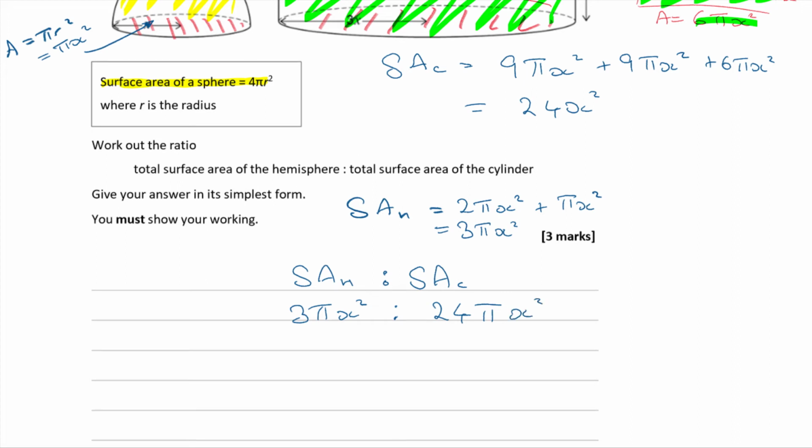Now notice we've got a pi on both sides, so we can cancel those out. Notice we've got an x squared on both sides, so we can cancel those out. So we've got the ratio of 3 to 24 left. Dividing both of those by 3, I'm going to get the simpler version of the ratio of 1 to 8, haven't I then? So the surface area of the cylinder is 8 times bigger than the surface area of this hemisphere. Okay, 1 to 8, final answer.